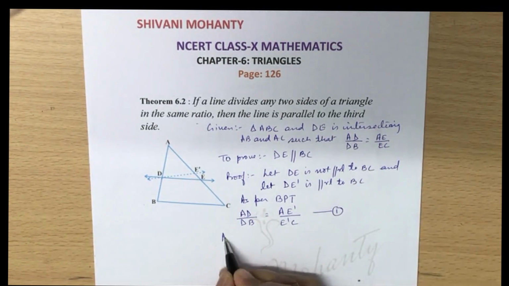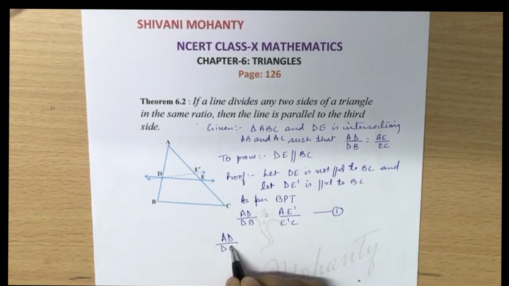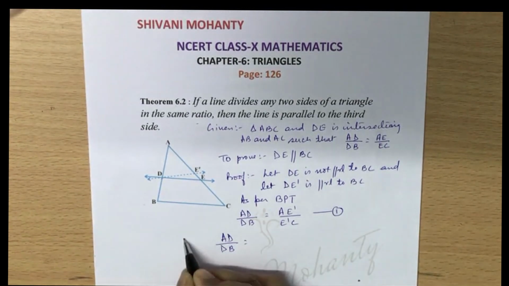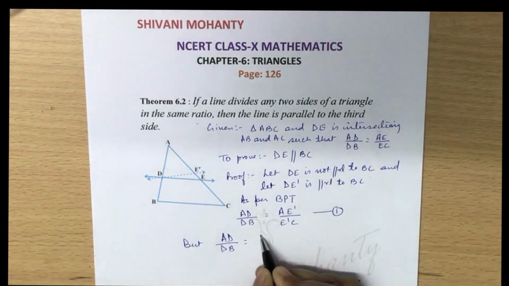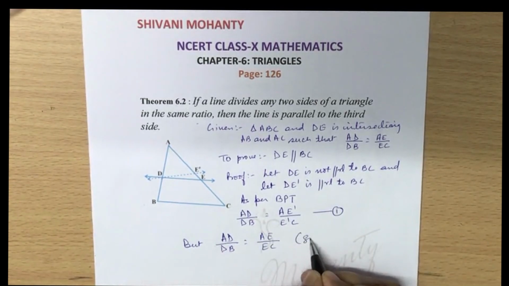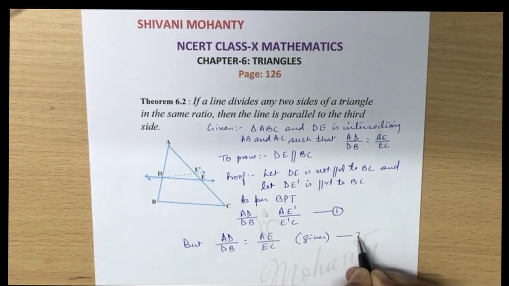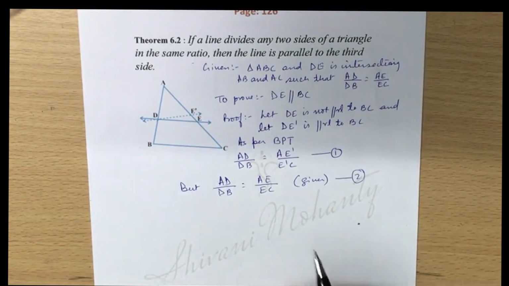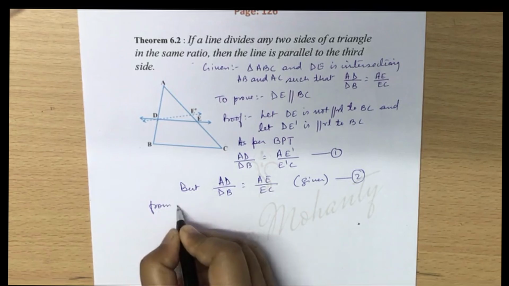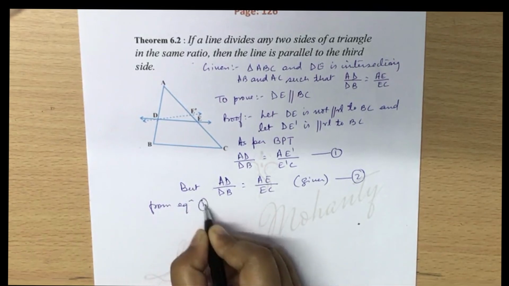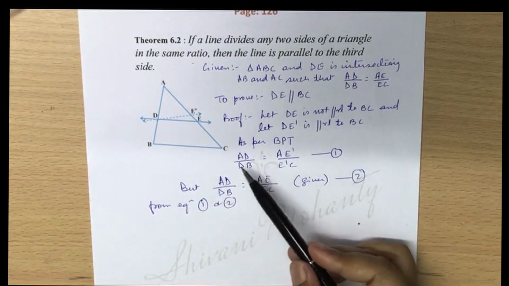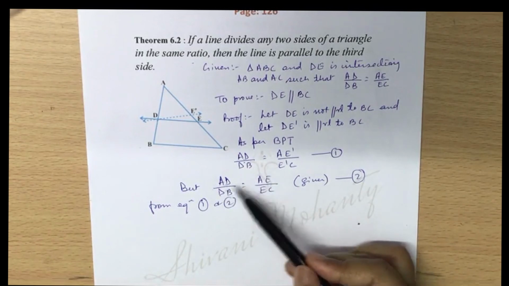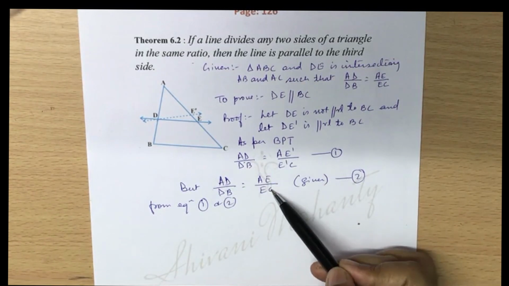AD by DB is equal to AE by EC. It is given; call it equation 2. From equations 1 and 2, both the LHS are the same, so definitely the RHS will be the same.